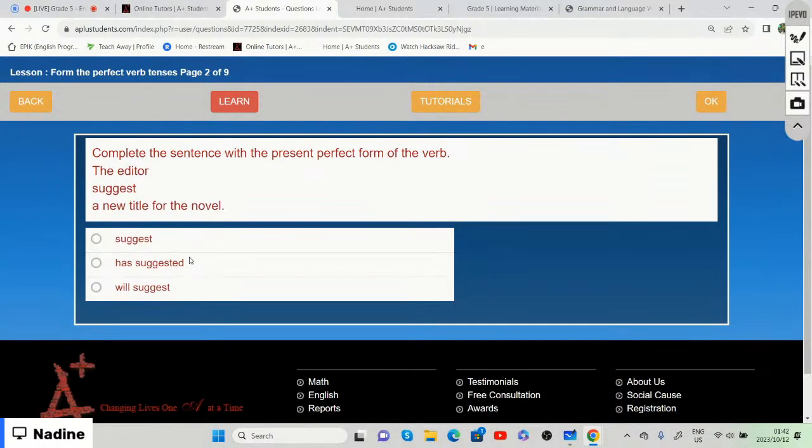The editor, do we say suggest, has suggested, or will suggest a new title for the novel? So we can basically say, do we say suggest, has suggested, or will suggest? So compare the sentences with the present perfect form of the verb.